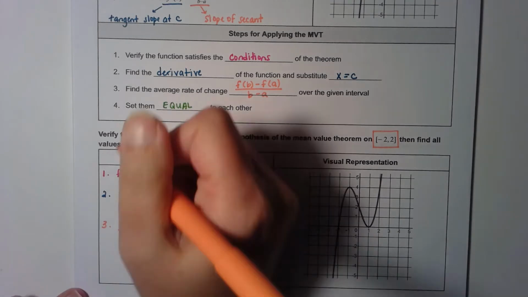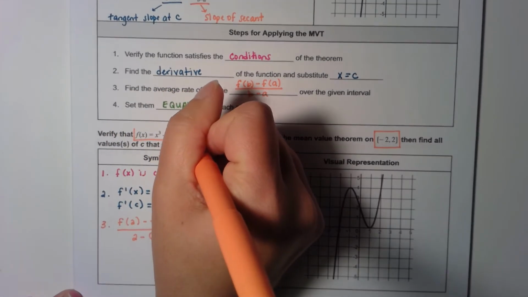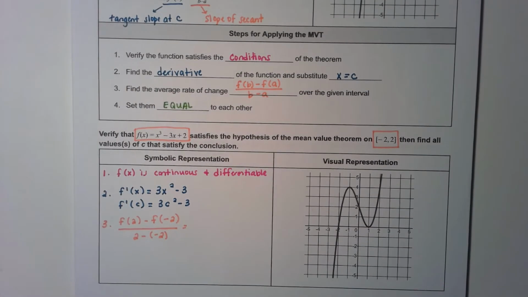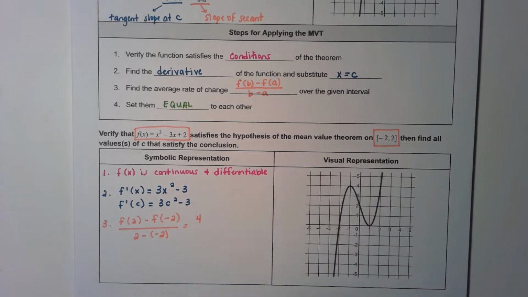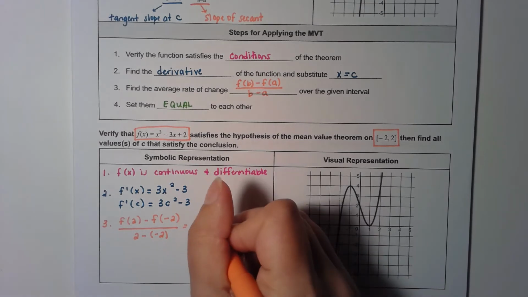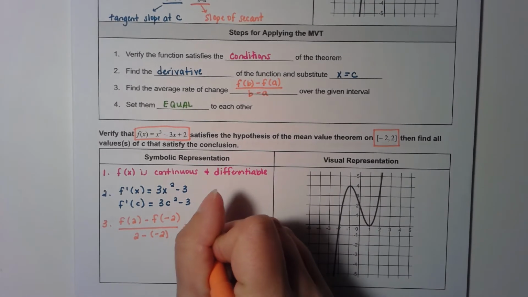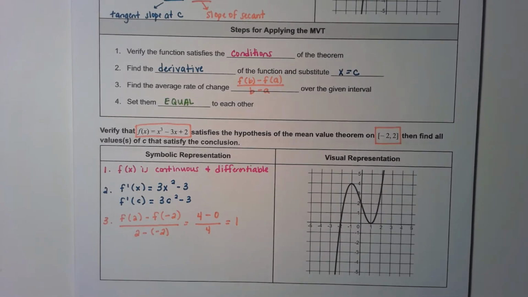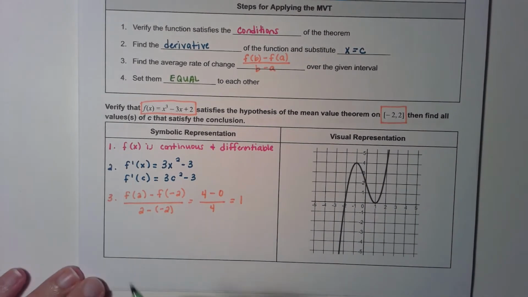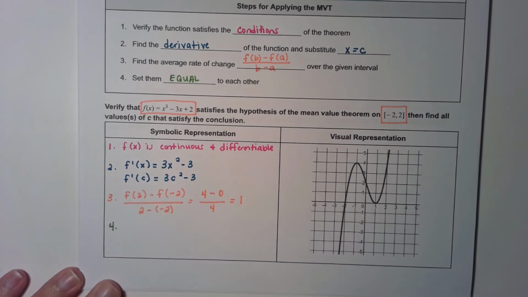So we're going to go back and use the original equation here. f(2) would be 8 minus 6 plus 2, which means we would have 4, minus f(-2) would be negative 8 plus 6 plus 2, which would be 0, all over 4, which is 1.